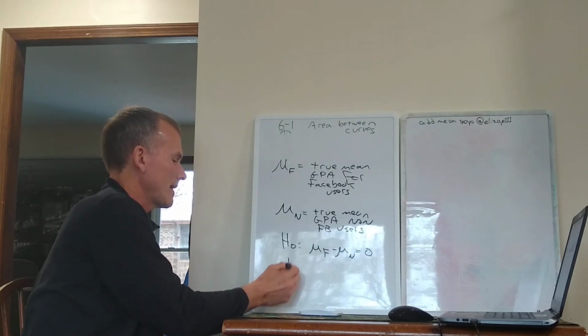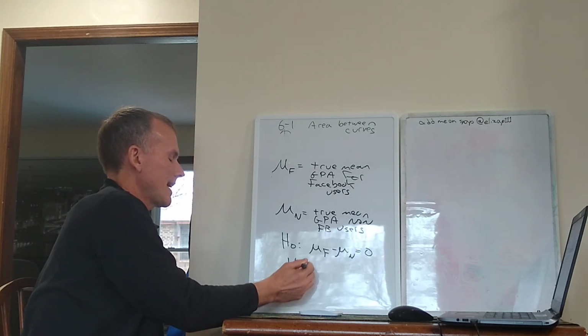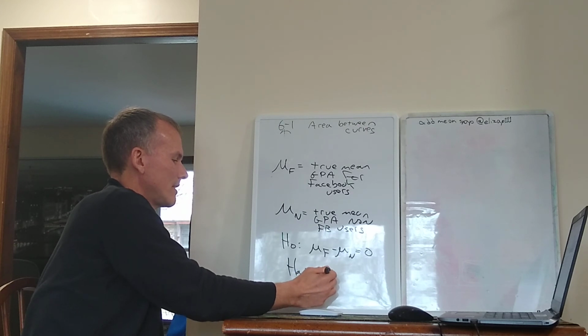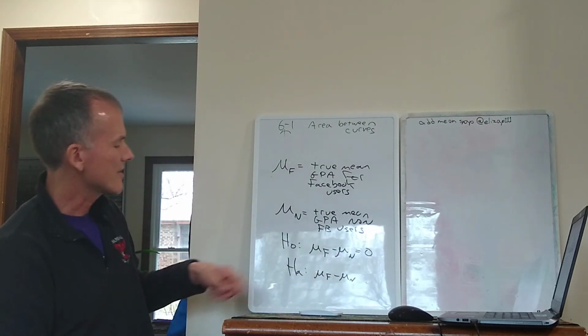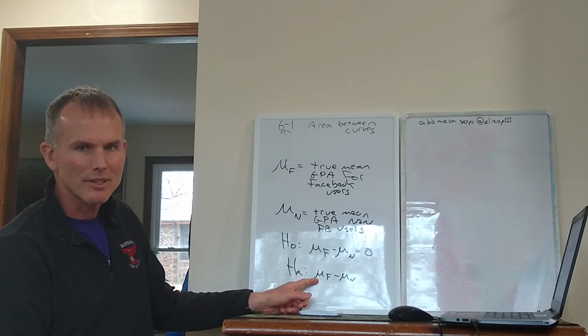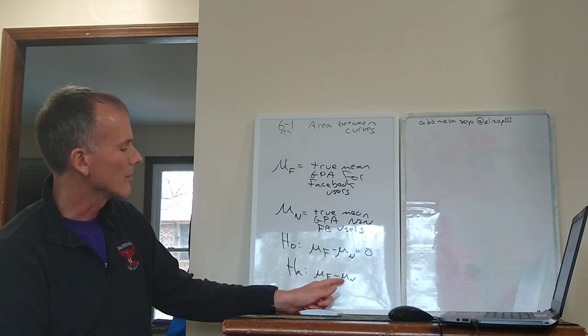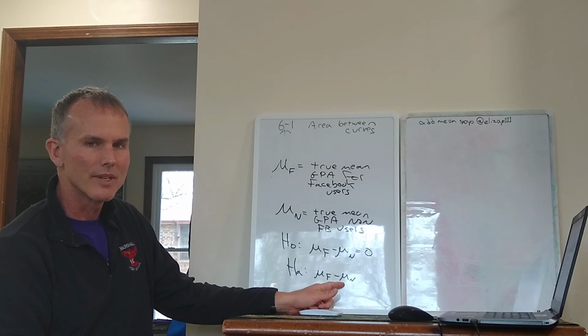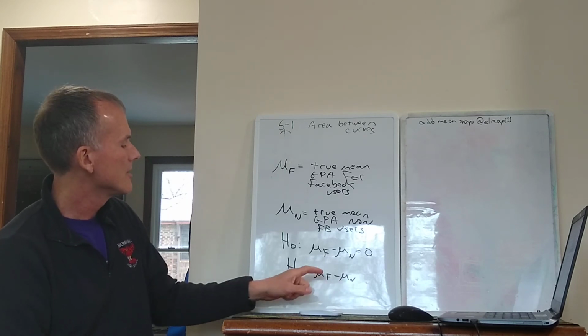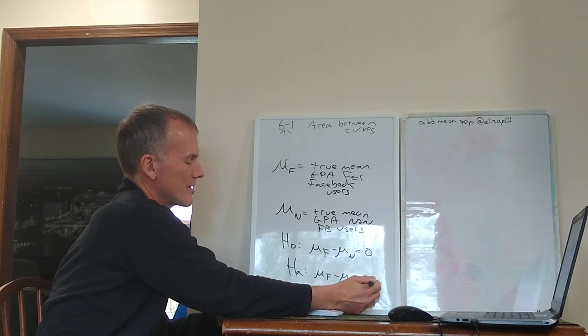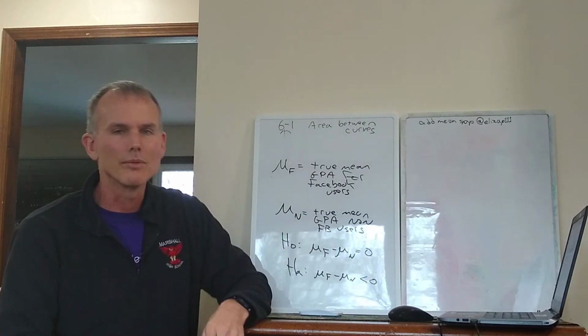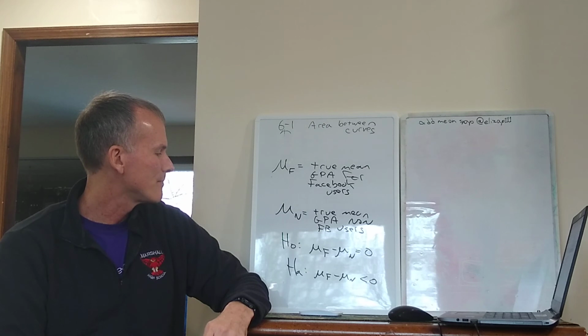So for my alternative hypothesis here, I'm going to write mu sub f minus mu sub n. That would mean that the mean Facebook user's GPA would be lower than the mean for the non-Facebook group. So if this is less than this, it would mean that this difference would have to be less than 0. That would be the correct alternative hypothesis.